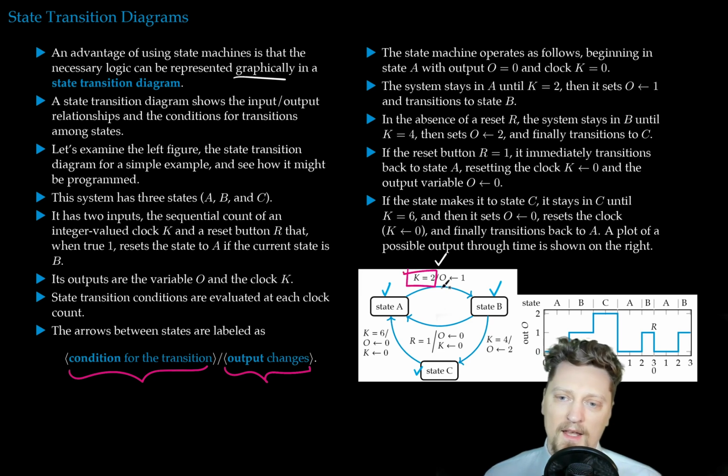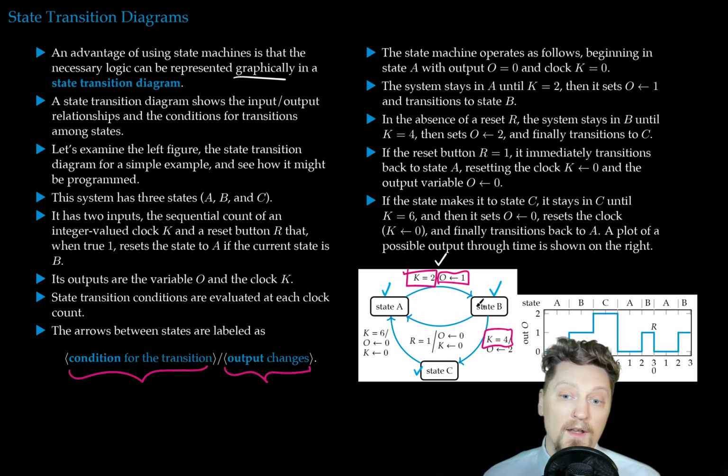And if that is the case, the output O is changed to 1, and the state is now B. So we've transitioned to state B. State B can transition to state C if the clock gets to 4.